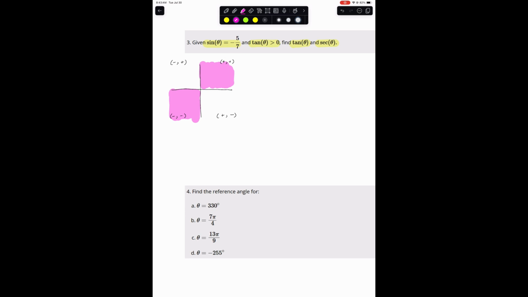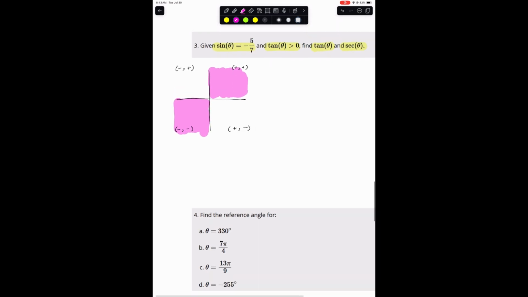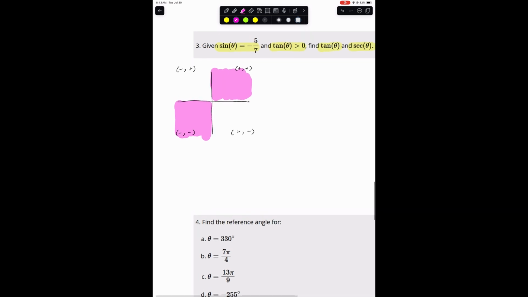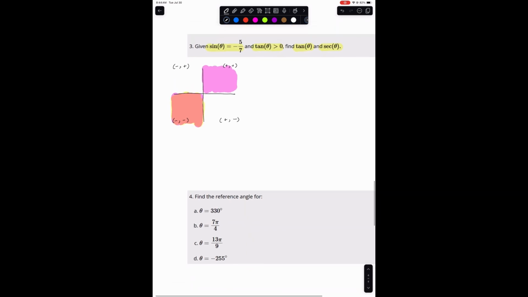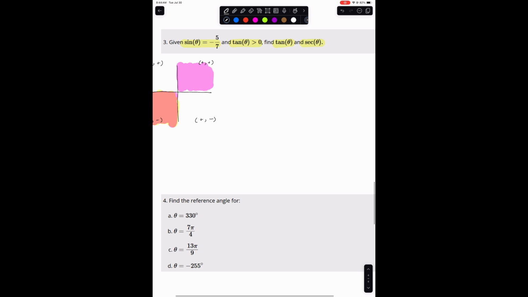Now, my sine is negative. That means if my sine is negative, my cosine has to be negative. That means my final region is this orange looking color. So let's draw the triangle, and this is going to be in the third quadrant, where negative sine and negative cosine live.